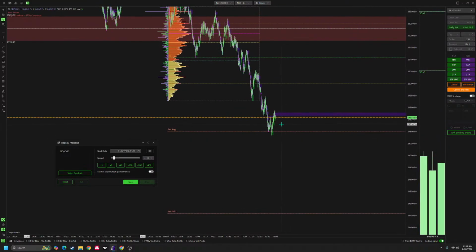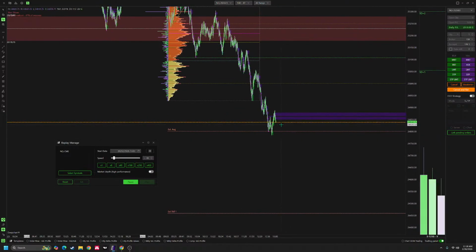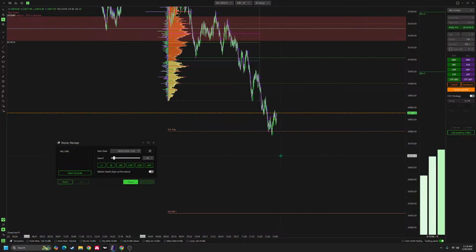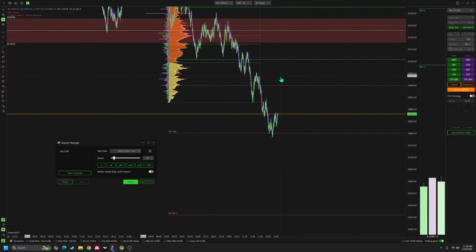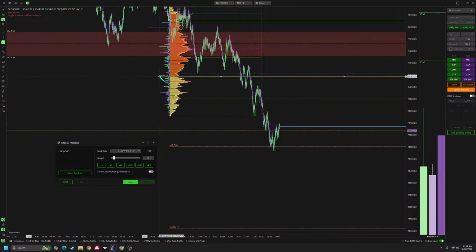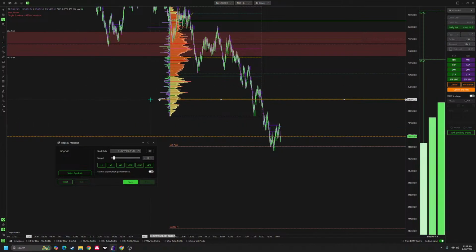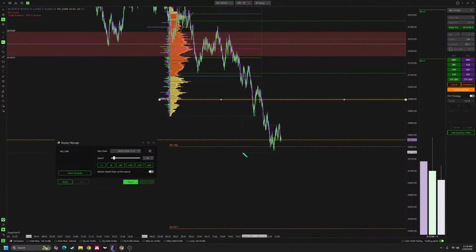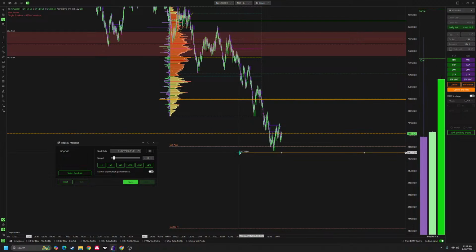If I was doing this in real time, I'm likely taking a move back up to the top here, and with a profit target of the protection zone with a stop behind the extension average.